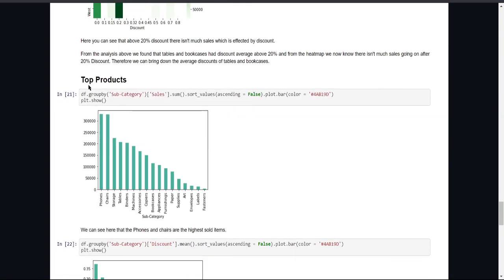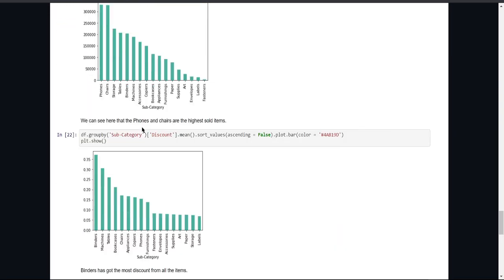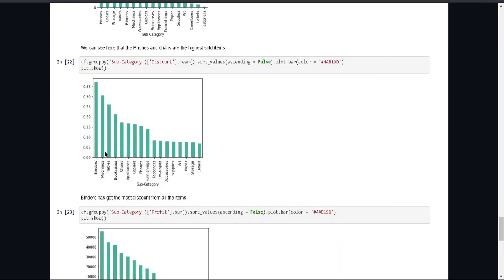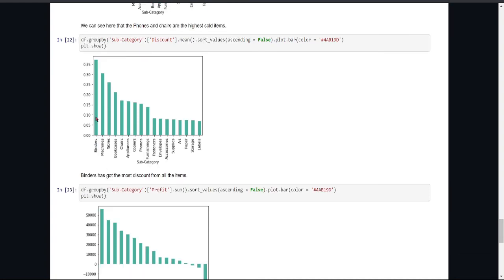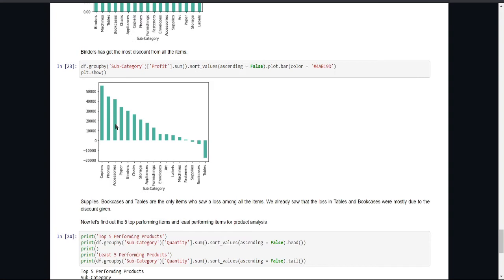Next up, we check out the top performing products in terms of the number of products sold. Binders were given the most discount from all the items, and have made more profit than the other subcategories, and here tables, bookcases, and supplies have made a loss.